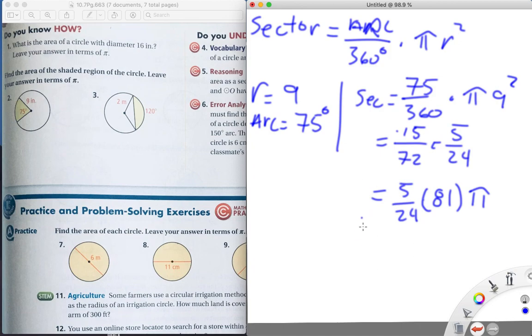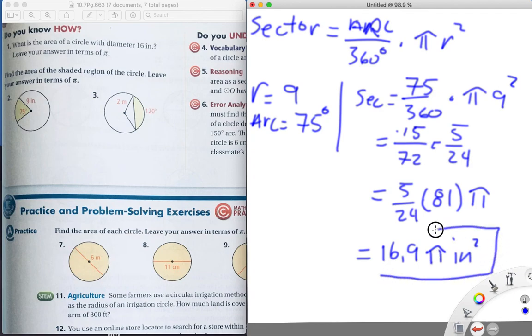And I get 16.9 pi, and it's going to be inches squared. So they ask you to have your answer in terms of pi. So I'm going to leave it right there. 16.9 inches squared. We're rounding to the nearest tenth with that. So it was 16.875. I rounded it to the nearest tenth. That's 16.9, and I left it at 16.9 pi. So that's that one.